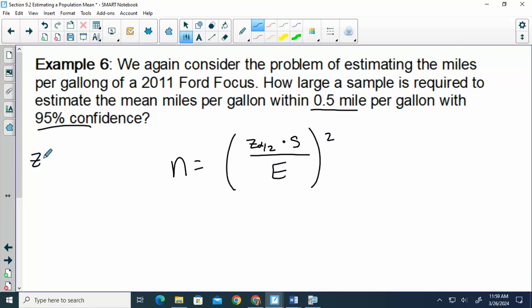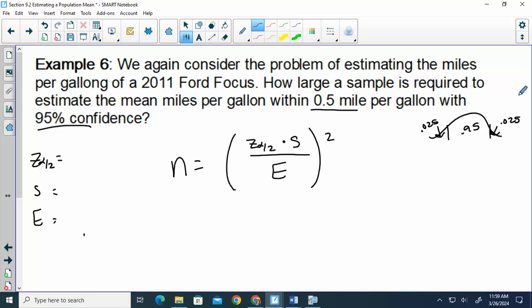So I have to find these things. All right, Z alpha over 2. If we are 95% confident, that means 95% is in the middle. So 5% split 2 ways, so each one gets 0.025. So we need the Z that matches that.